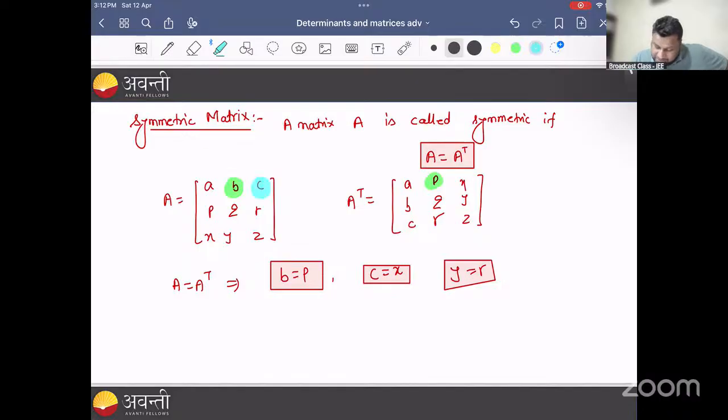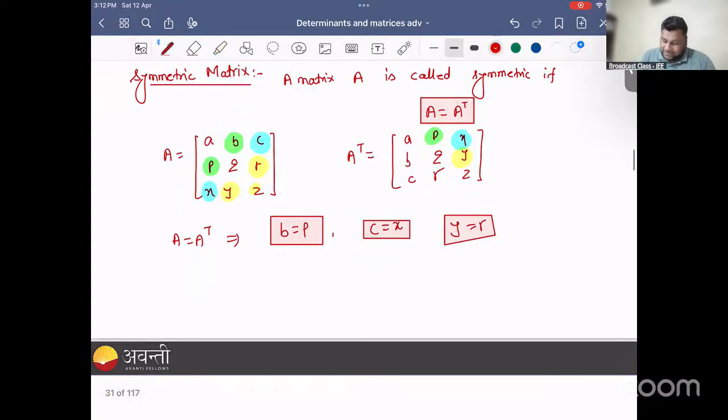Then this C should be equal to this X, second condition, and this R should be equal to this Y. So in one matrix, C equals X, P equals B, and R equals Y.